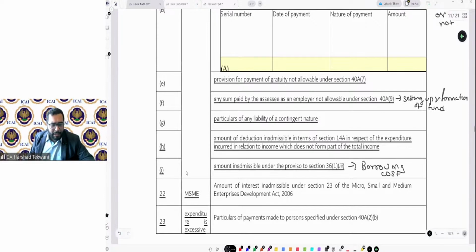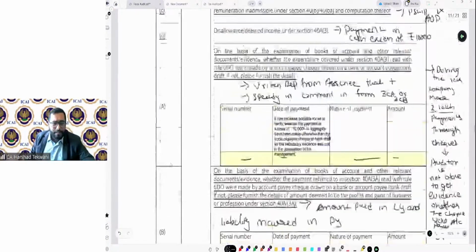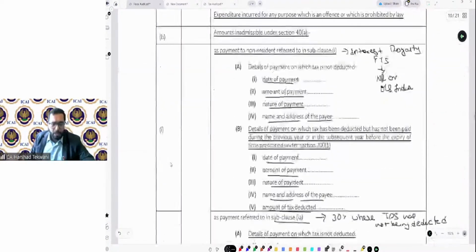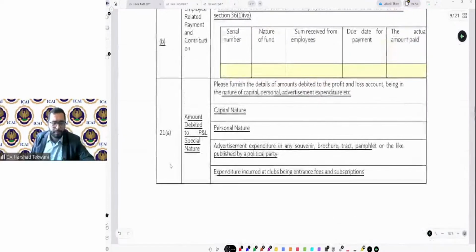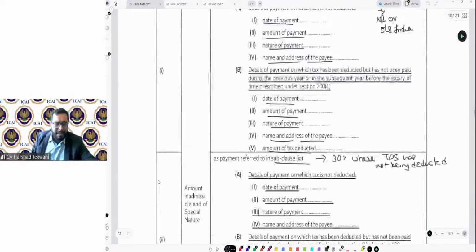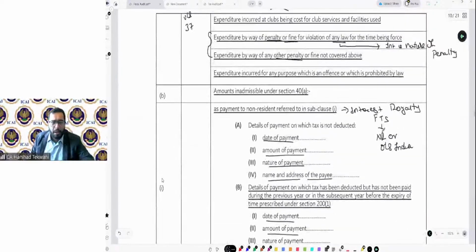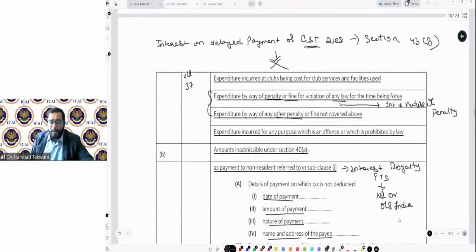Now, we started from A till I, and there is one thing we need to focus on over here. All these amounts from A to I, whatever we are discussing, are the amounts under clause 21, the same clause.